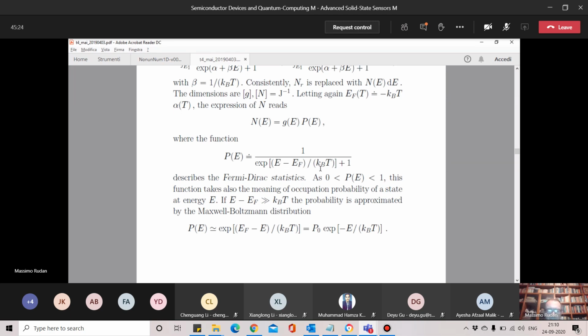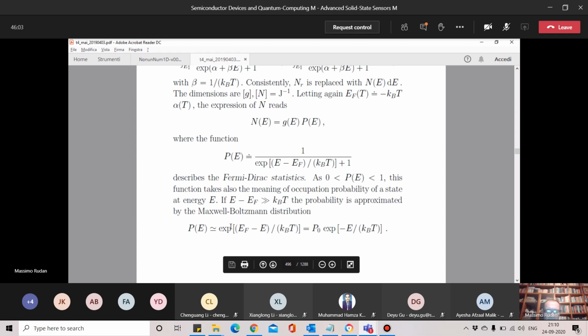We can consider some limiting cases of the Fermi statistics. For instance, if the exponent of the exponential is large, then the exponential is also large, and we can neglect the 1. So an approximate form of the Fermi statistics is this one. It's in the last line. When you neglect the 1, you have exponential of EF minus E over KT.